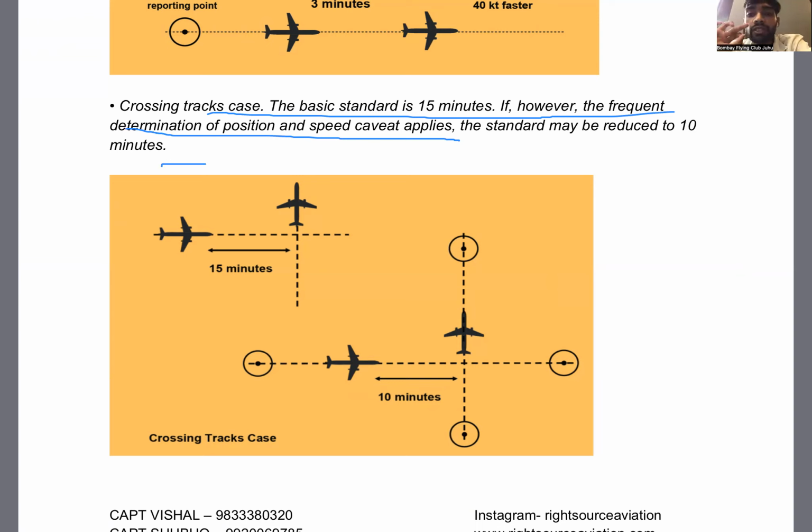So I can keep a 10 minute separation between two aircraft. Okay? Are you getting it? Crossing track traffic separation. Guys, Sahil, Vaidehi, Zubair. Yes, sir.